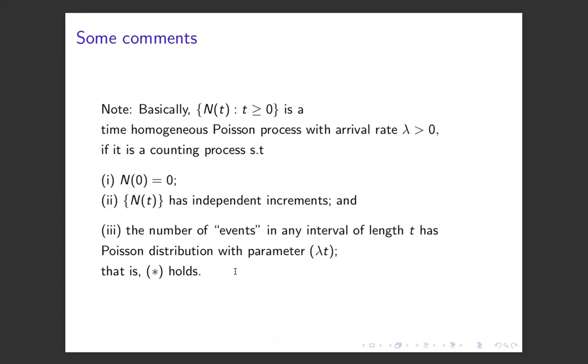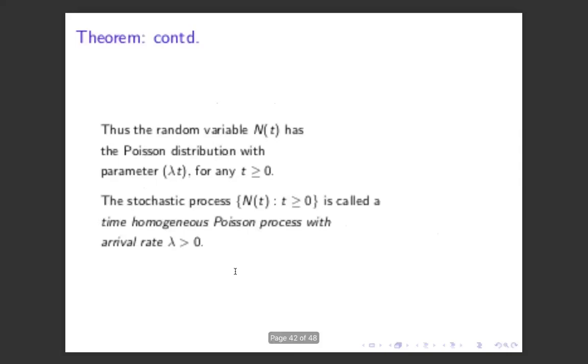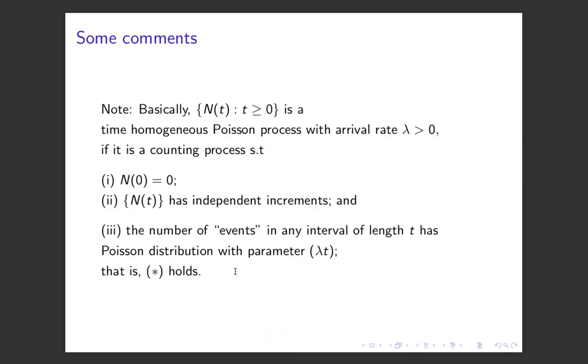Okay, so I want to make some comments. First, you see this. The time homogeneous Poisson process with rate lambda is basically a counting process, of course, satisfying N0 equal to 0, Nt has independent increments, and the number of events in any interval of length t has a Poisson distribution.